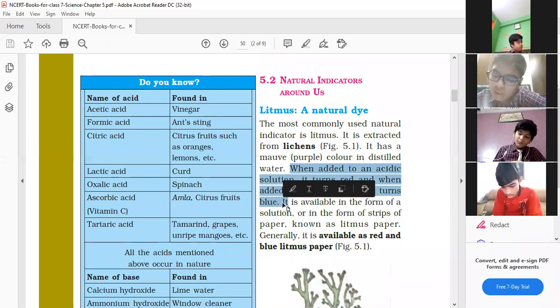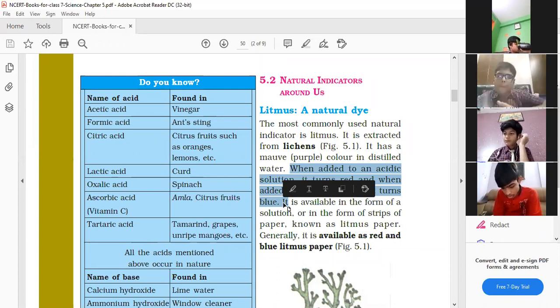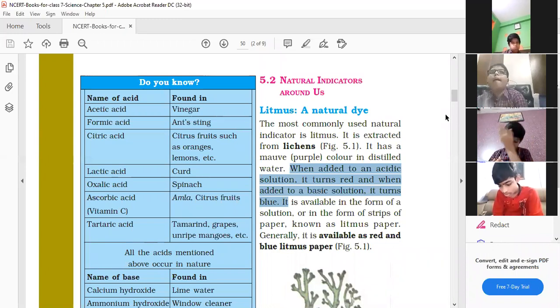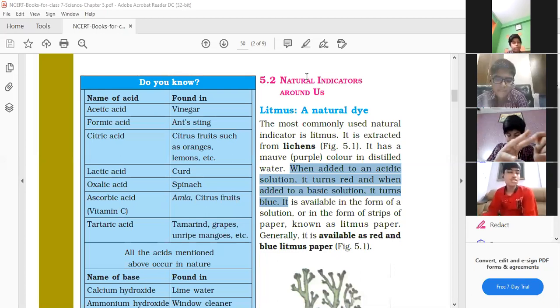It's very important, as we have said that natural indicators are used to test whether substances are acidic or basic in nature.